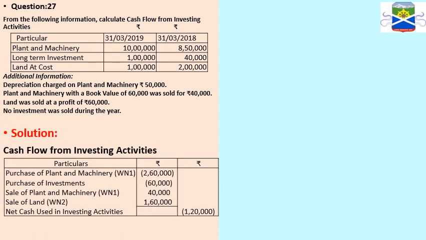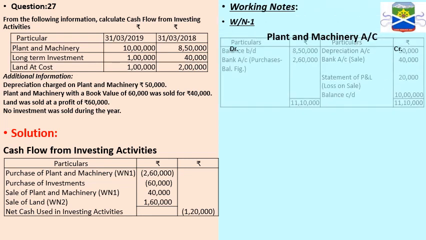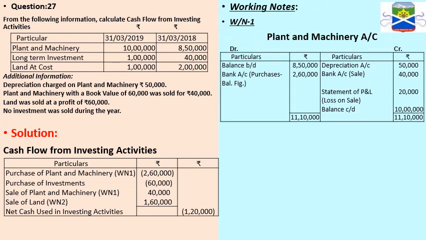So we have the question over here, the purchase of plant and machinery as per working 1, and as I said, you have to do the workings to find what amount of purchase there is, and that part we will quickly find. Since there is no accumulated depreciation account, we simply prepare the plant and machinery account.